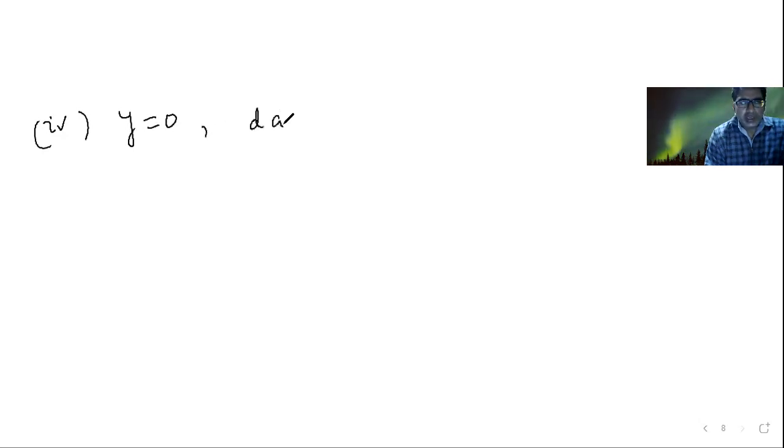What is dA? dA is dx dz j cap, and here we have minus because this area vector is along negative y direction, dx dz because this face is parallel to xz plane.